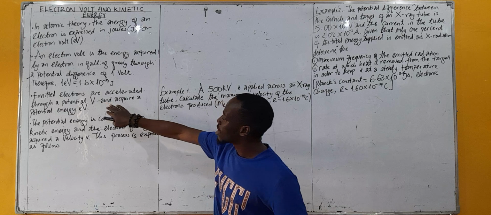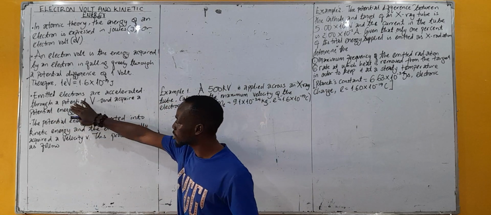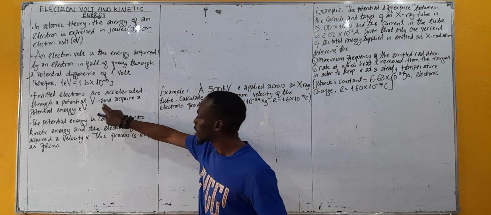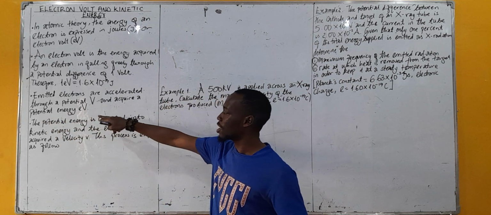Emitted electrons are accelerated through a potential difference V and acquire a potential energy eV.